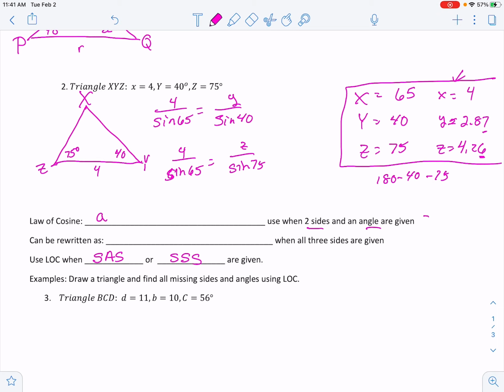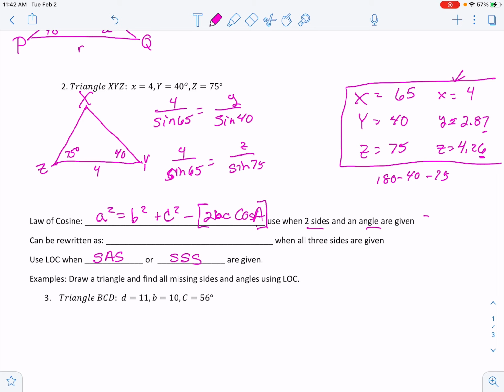And it's a squared equals b squared plus c squared minus 2bc cosine of a. Now, I put parentheses around this because people use bad algebra and like to subtract b squared plus c squared minus 2bc, and then multiply that whole thing times the cosine of a, and you get the wrong answer every time, okay?